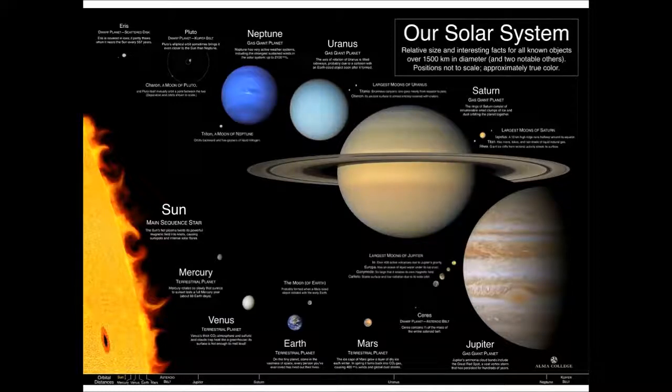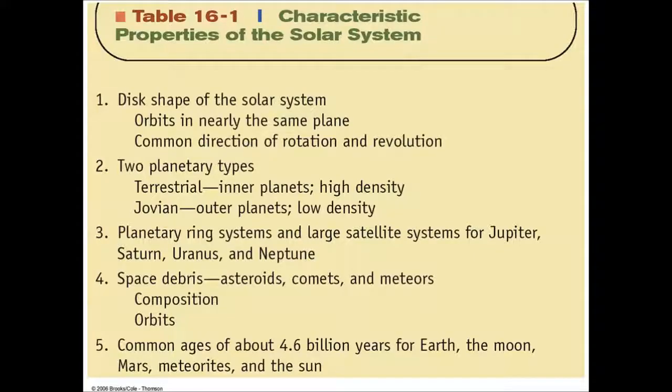Okay. To do that, we're going to be interested in looking first at the general characteristics of the solar system. And we want to be able to explain why these general characteristics of the solar system exist. And this helps us understand the planetary types. So the first point here is the solar system is in the shape of a disk.